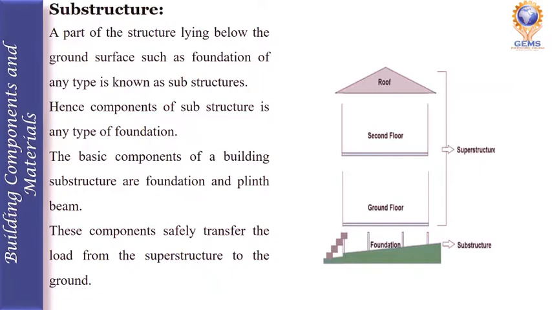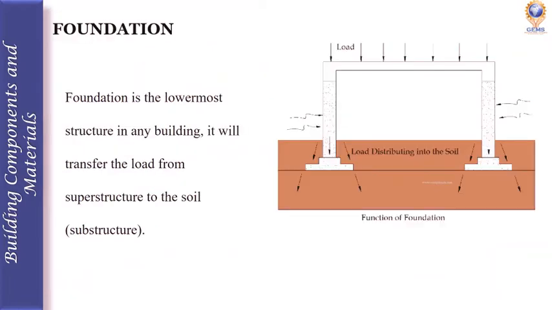Okay, so the foundation, we will build below the ground level, and plinth also we will build below the ground level. So we will call these two as major components in the substructures. Why we are using these substructures means these substructures are used to transfer the load safely from the superstructure to the ground. So we'll see a foundation.